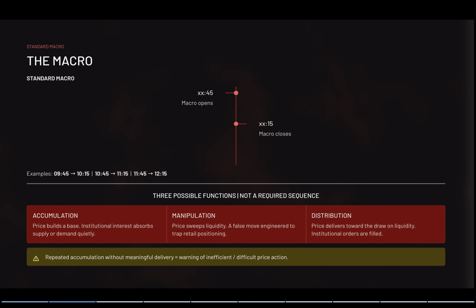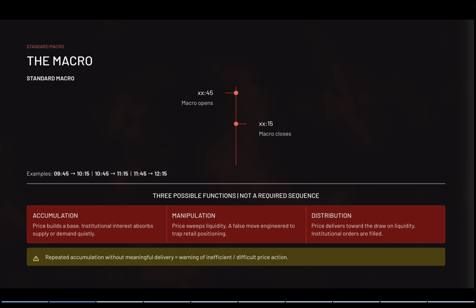Throughout the trading day, we have repeating macro windows. The standard macro runs from 45 minutes past the hour to 15 minutes past the next hour, so XX45 to XX15. For example, 9:45 to 10:15, 10:45 to 11:15, or 11:45 to 12:15. A macro can either accumulate, manipulate, or distribute.